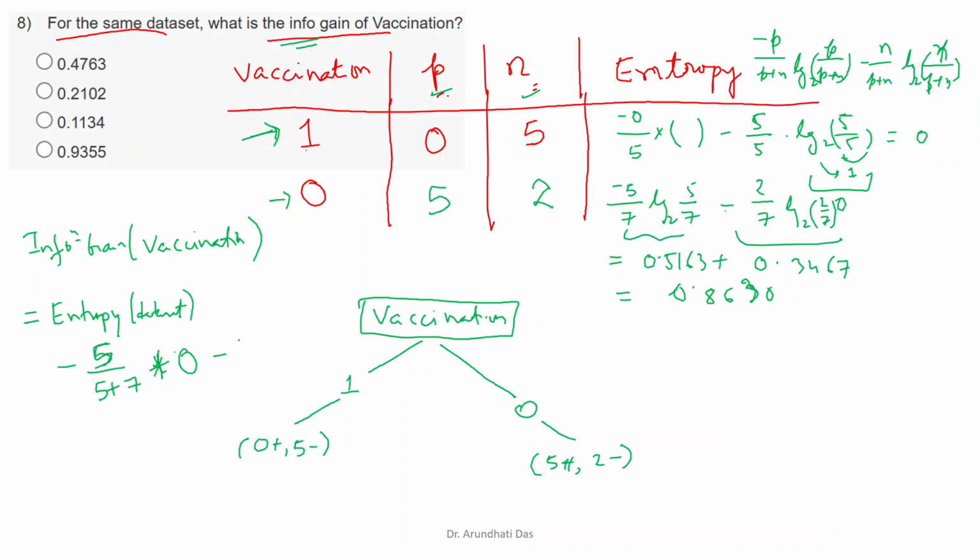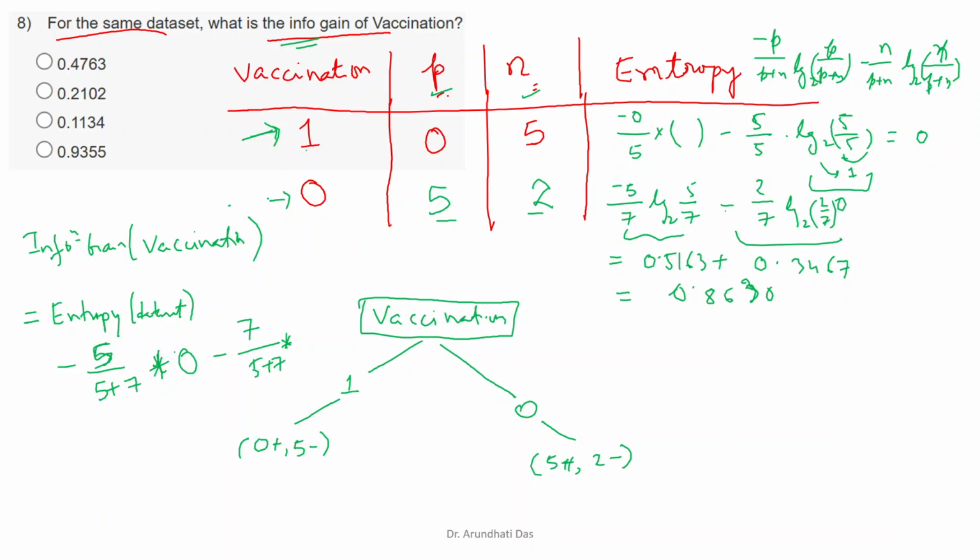Then minus, for the second feature value, 5 plus 2, total 7, divided by 5 plus 7, multiplied by the entropy for this particular row.